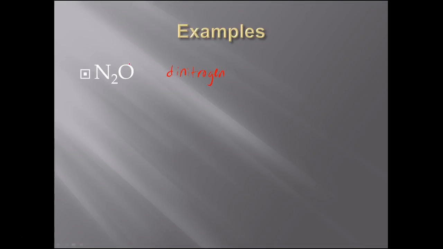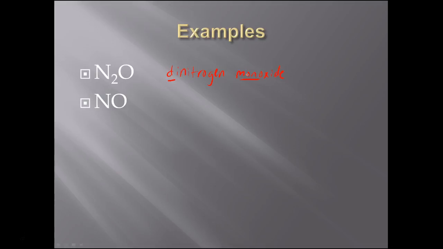And then we name the second element with a prefix as well, regardless of what that prefix is. So it's going to be dinitrogen monoxide. And we've named our first element, mono 1, di 2, so we have two nitrogens and we have one oxygen. We changed our ending of oxygen to IDE like our rules told us, and we're good to go.